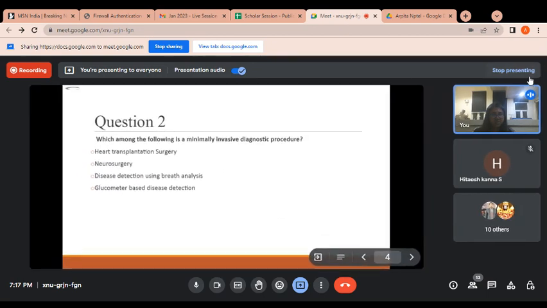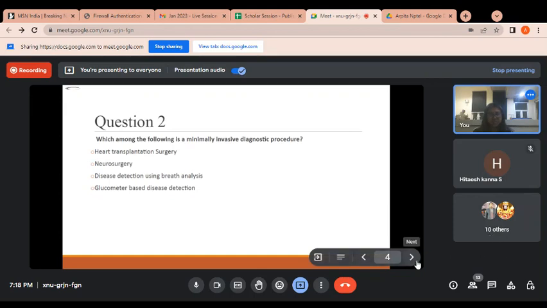For heart surgery, it is an invasive procedure because we have to put some devices into the body. But for the glucometer based disease detection, we use a minimally invasive diagnostic procedure because here we only need one drop of blood. On the device we put it and we measure the glucose level. So the right answer is option D, the glucometer based disease detection.